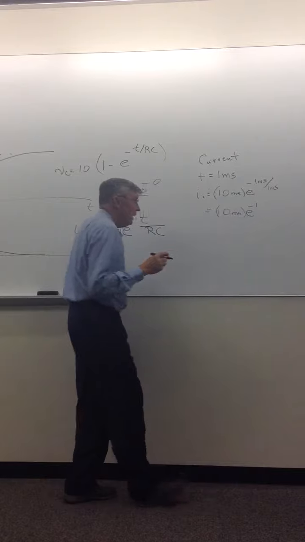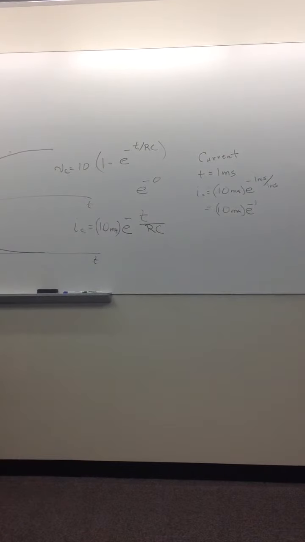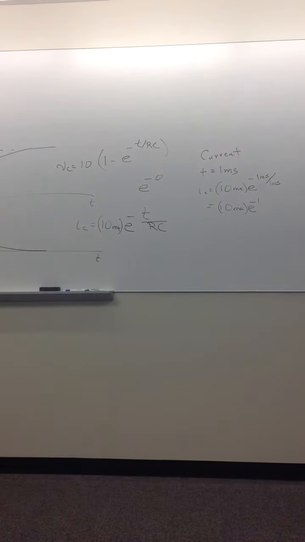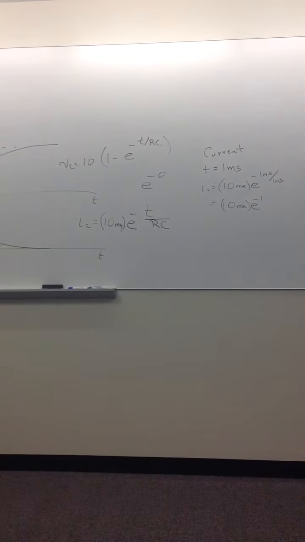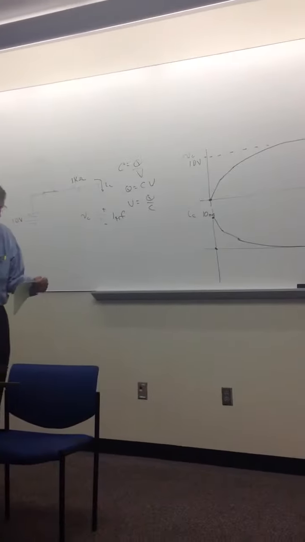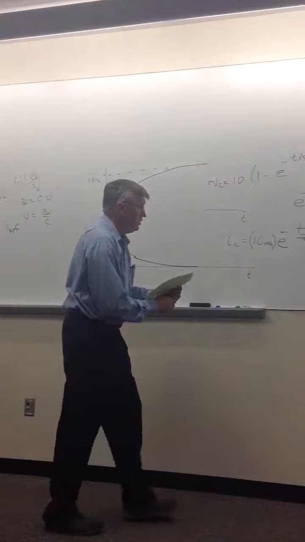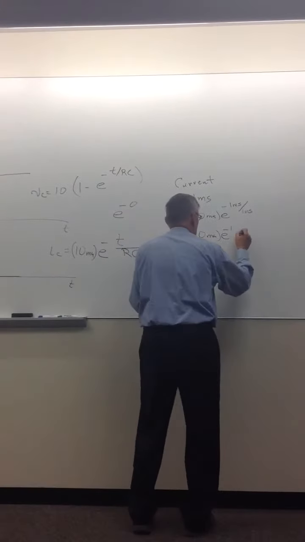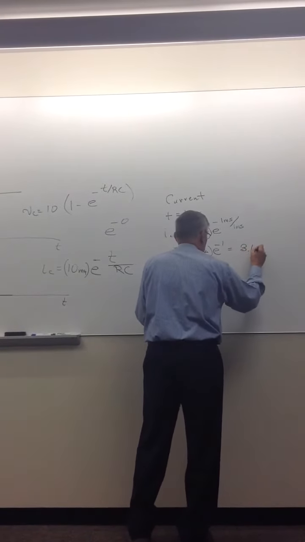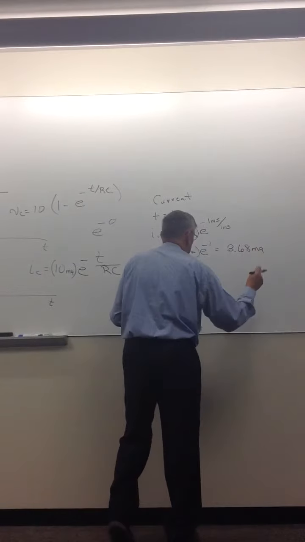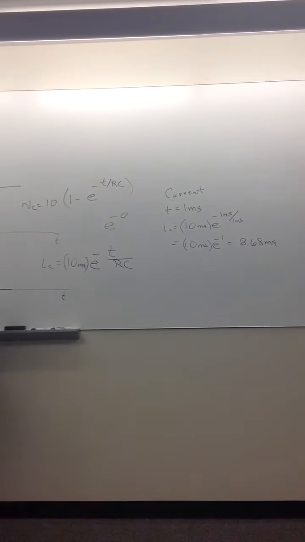So milliseconds cancel, so I get e to the minus 1. The calculator display isn't working reliably, but this is going to end up being 3.68 milliamps.